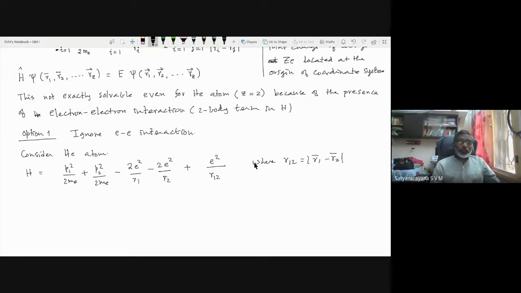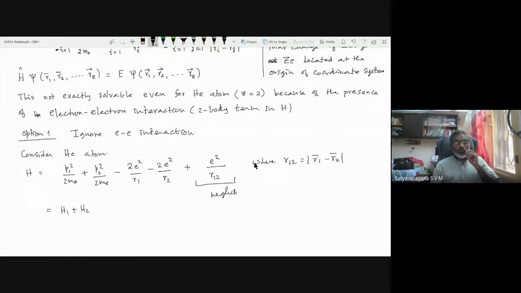Now if I neglect this term, I can write this as H1 plus H2. Each of these Hamiltonians is like a hydrogen atom Hamiltonian. The only difference is that in hydrogen atom the nuclear charge is plus e, here it is plus 2e.